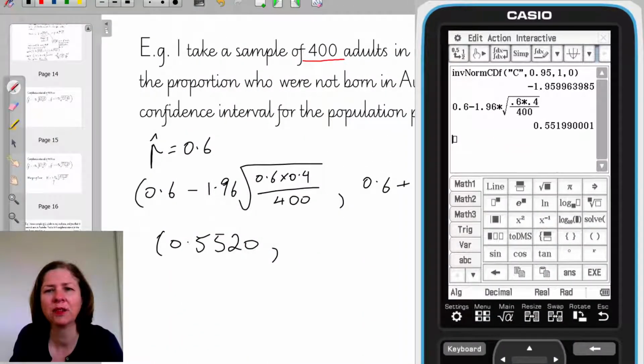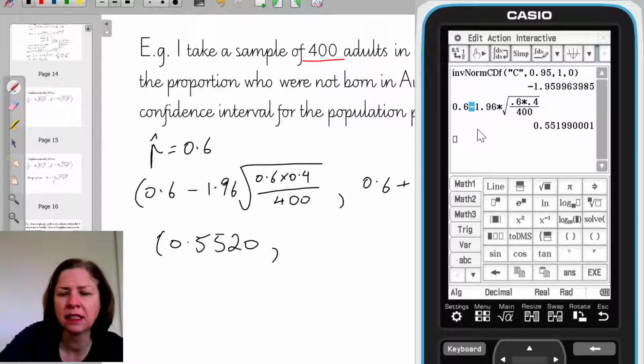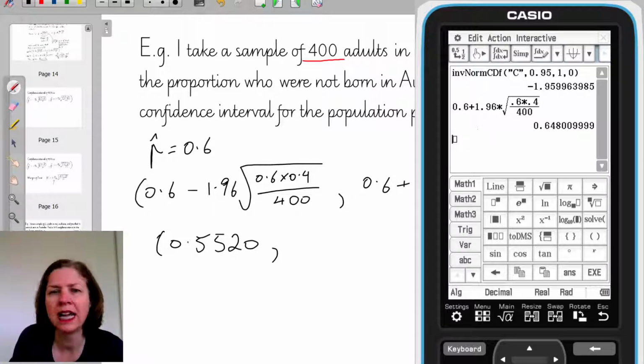Put it over here, there we go. 0.5520 if I round that off, because the 9 rounds the next value up to 2. And now I'm just going to do that again, but changing that to plus. And I get 0.6480.